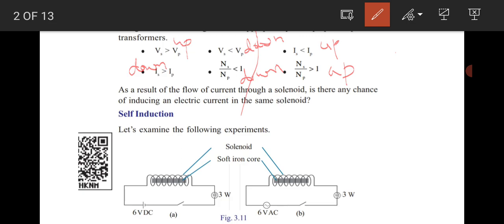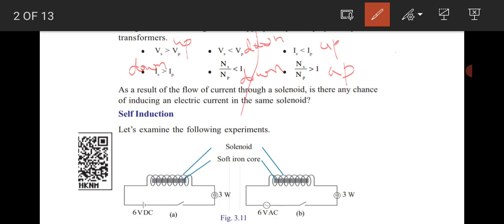Next we are going to discuss the next topic, that is self induction, which is very important in this chapter. The self induction experiment is given below. It consists of a solenoid, a soft iron core, a 3 watt bulb and a 6 volt DC battery.